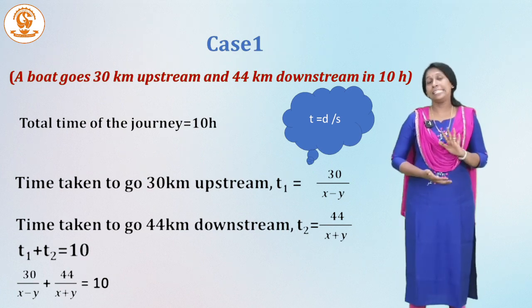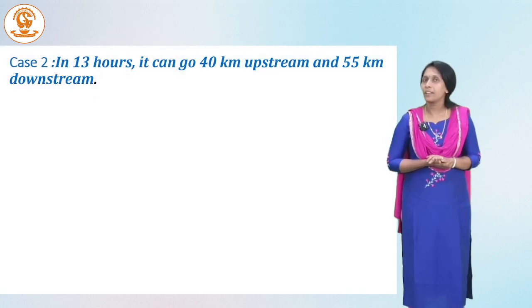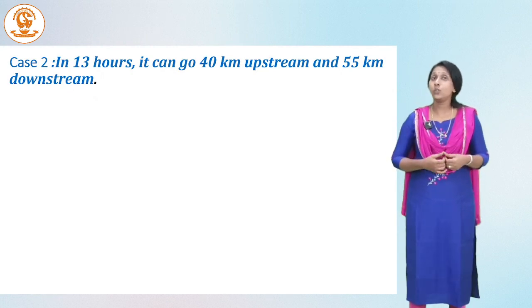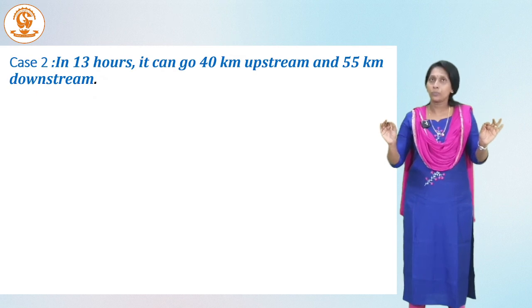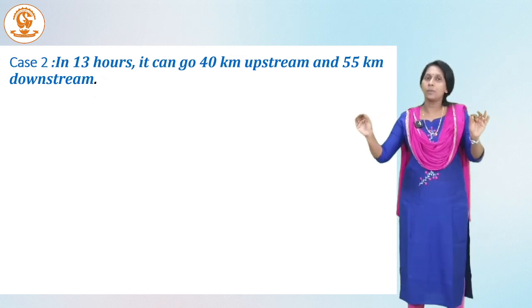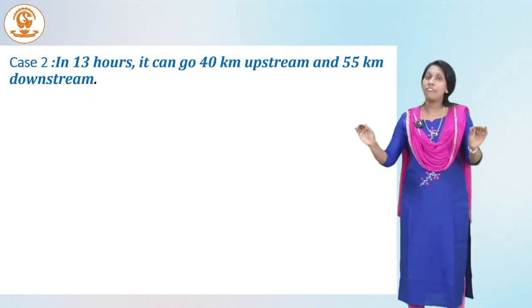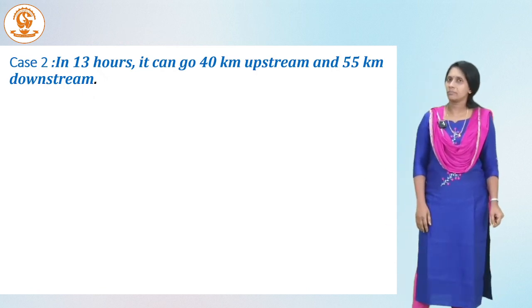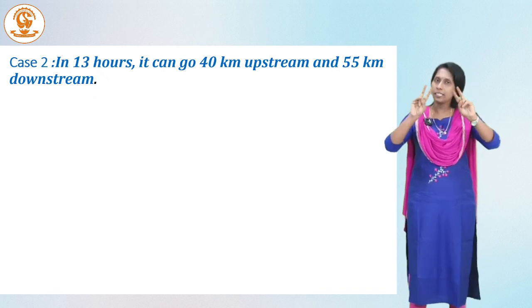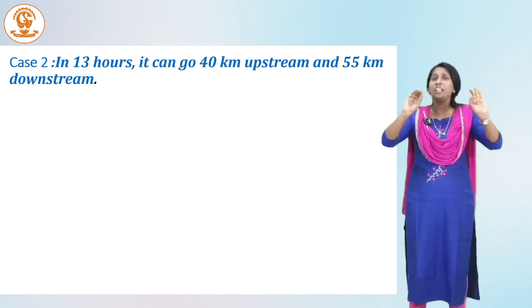So now let's discuss this case 2. What is case 2? In 13 hours, it can go 40 kilometer upstream and 55 kilometer downstream. So here also you consider this total time of the journey.